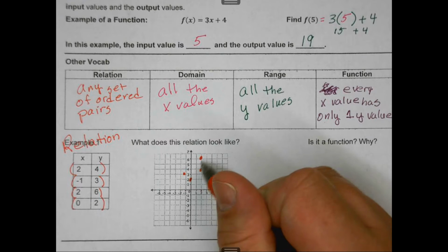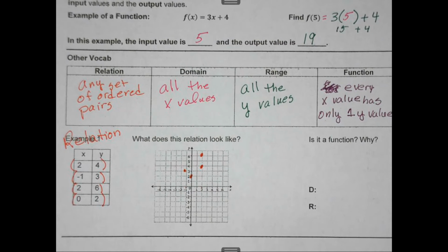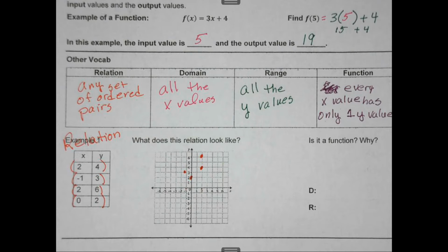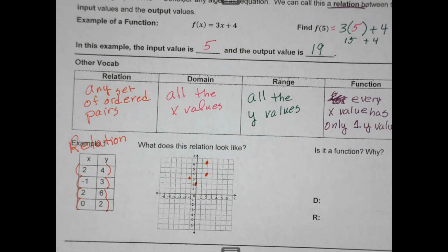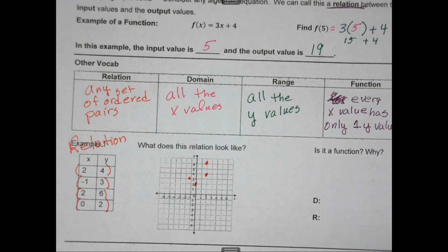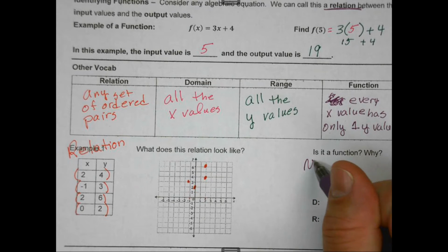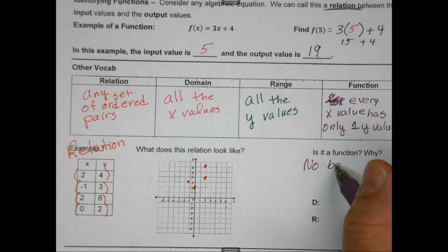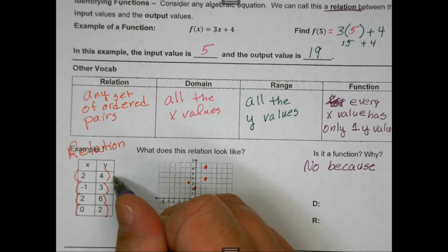Now, don't draw a line here because this is not a continuous relation or a continuous function. It's just a set of x and y values. So don't put a line there. Now, is this a function? Well, no, because we have an issue here. See this 2?